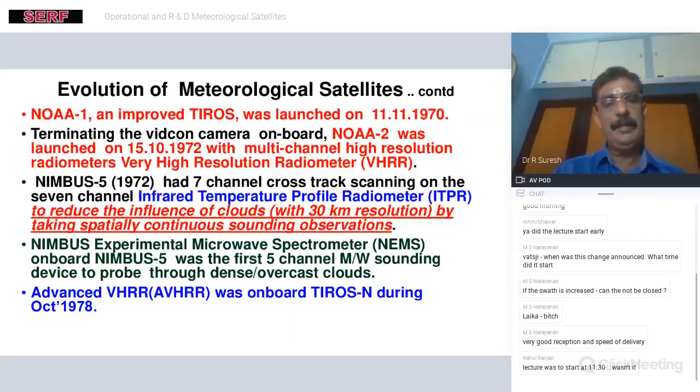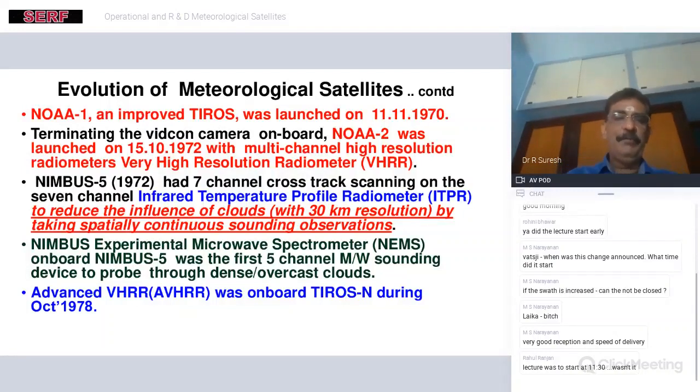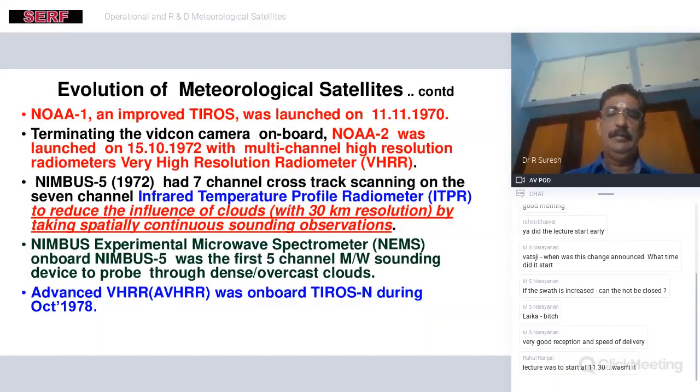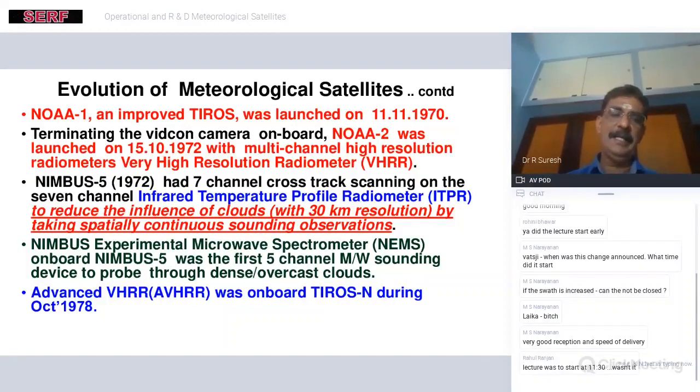So the very first vertical temperature profile was received from Nimbus 5 way back in 1972. Then the VHRR was improved into a version called AVHRR, the Advanced Very High Resolution Radiometer, on board the TIROS-N series from 1978.